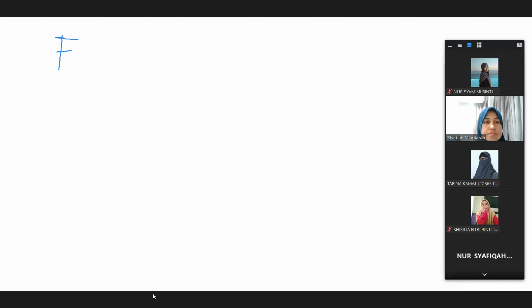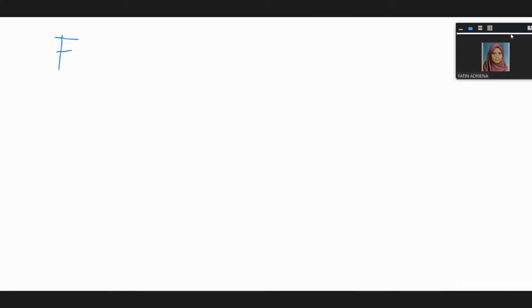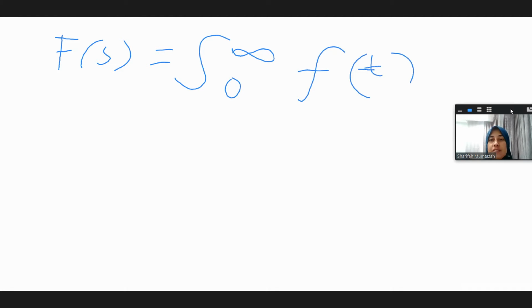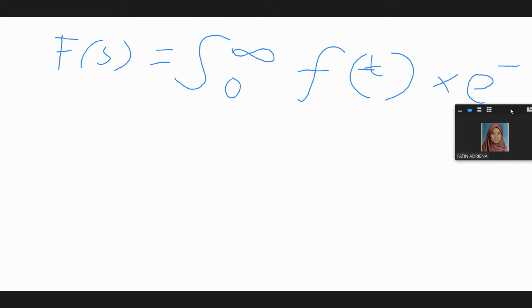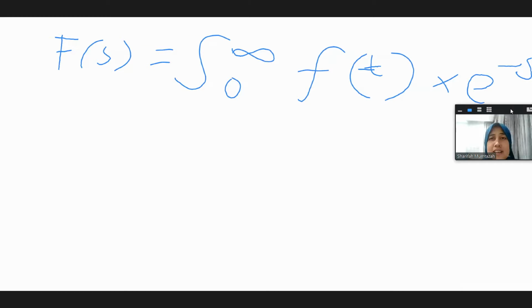Laplace transform is the integration from 0 to infinity, good, of f(t) times exponential to the power of negative st. So it integrates from what to what?